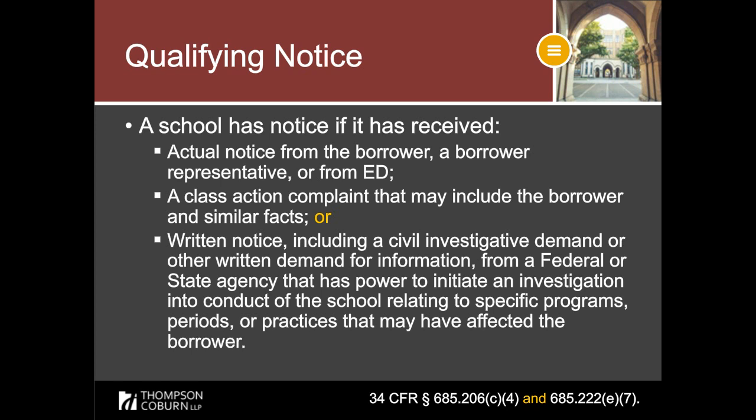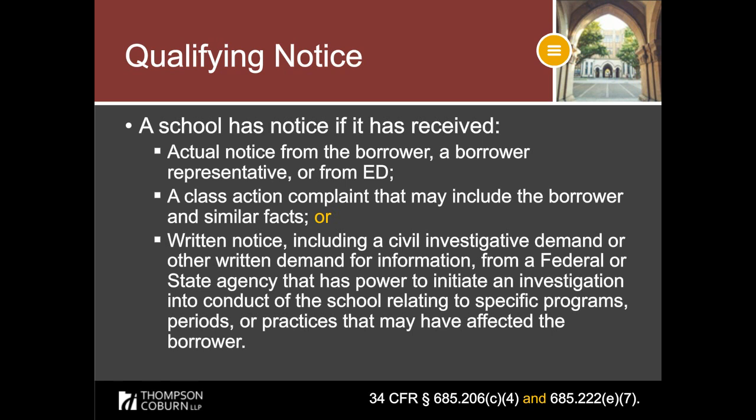Another is a class action complaint that could include the borrower and similar facts. In other words, if there's a class complaint and the borrower is part of the class and it's the same type of allegation, essentially the school is on notice. And then finally, written notice. This can include a CID or some sort of written demand for information from a federal or state agency where they're investigating the matter.